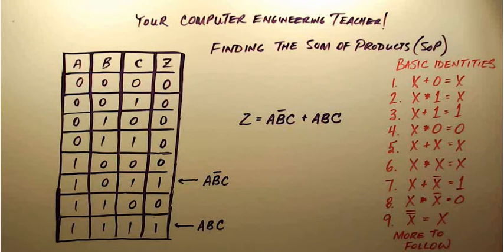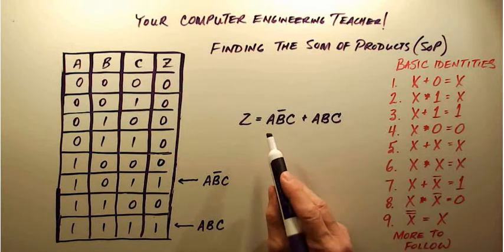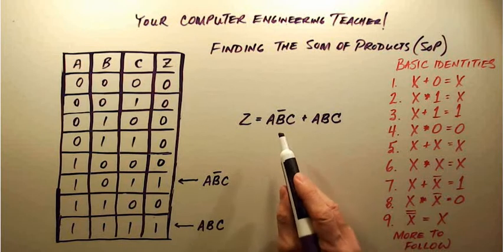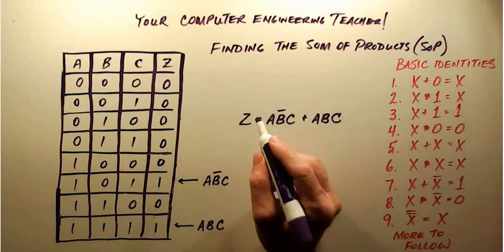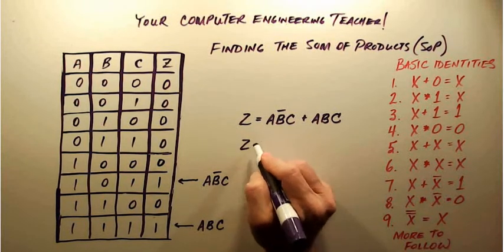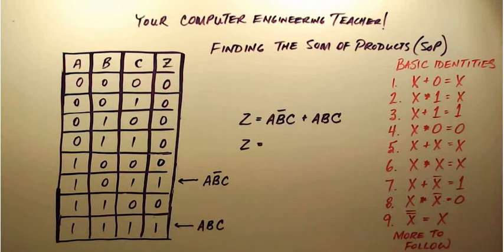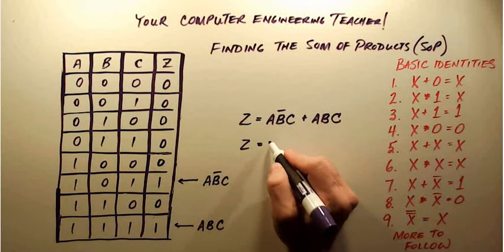Now, the next step is where we have to use our rules and remember some of the things that we've learned in algebra class. In this example right here, we have A that's common to both, and we have C that's common to both. And what we can do is factor that out as follows.